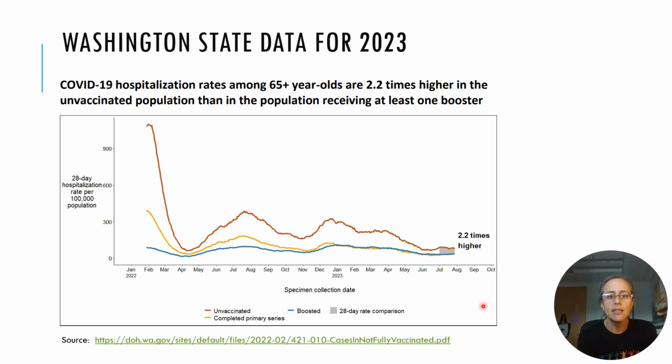So again, we can see that although largely because people have developed natural immunity, right? Because pretty much everyone has been infected at least once at this point. Not everybody, but pretty much everybody. So the difference between vaccinated and unvaccinated people, that strength of relationship is smaller, but it is still there.